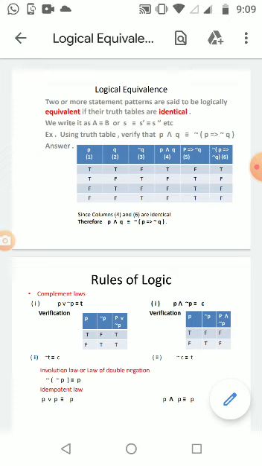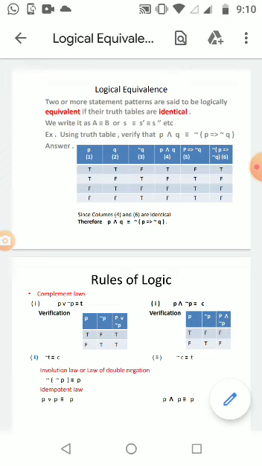Now in the fourth column we have the truth values of the statement pattern on the left hand side, which is P and Q, and in the last column, the sixth column, we have the truth values of the statement pattern on the right hand side. So now you can compare corresponding truth values.